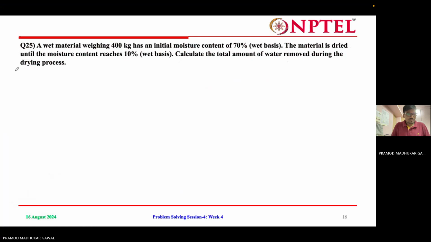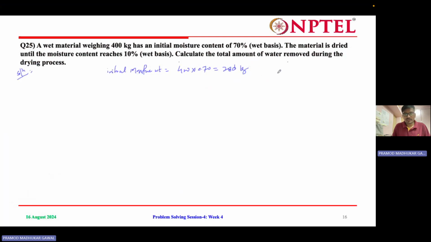So we have to calculate how much water is removed during the process. The initial weight of moisture, WT denotes the weight, is 400 into 0.7, so 280 kg of moisture, right?